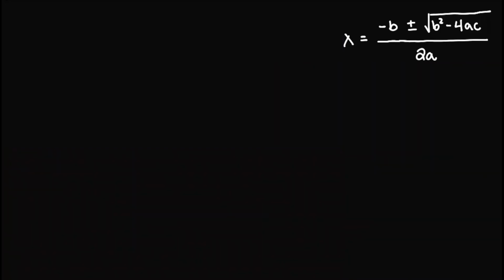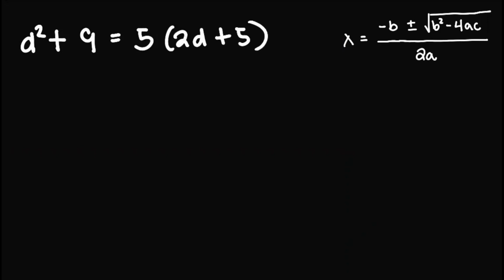Let's have this one final example. Let's have d squared plus 9 equals 5 times 2d plus 5. So in here, we still need to simplify the right side of the equation, since our goal is to make our equation in the form ax squared plus bx plus c equals 0. So first things first, we distribute this 5.